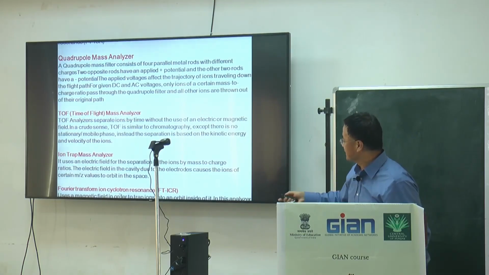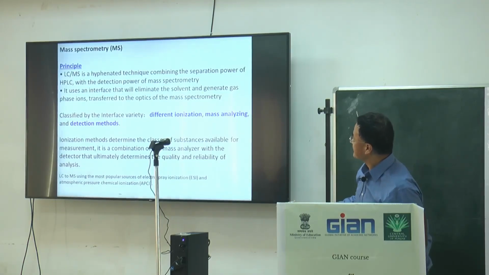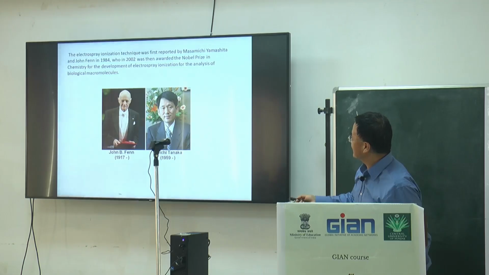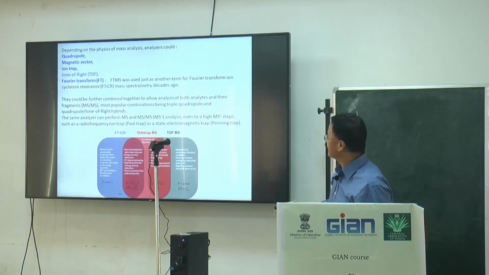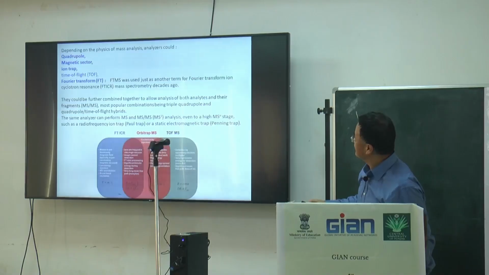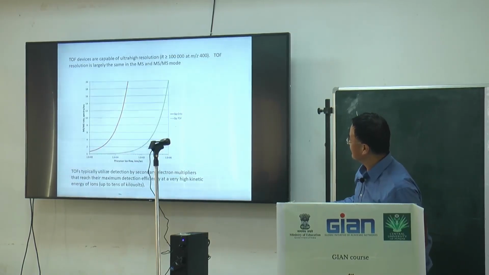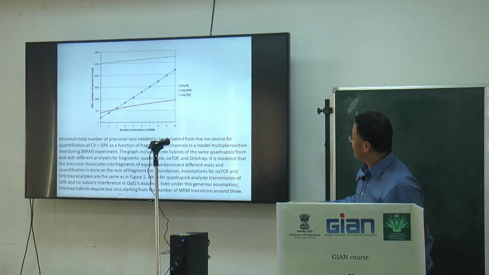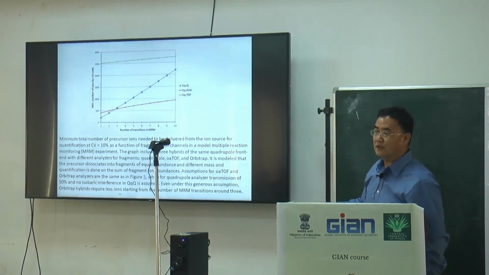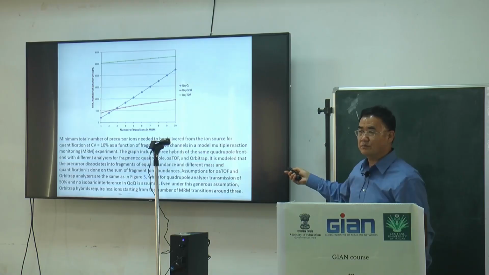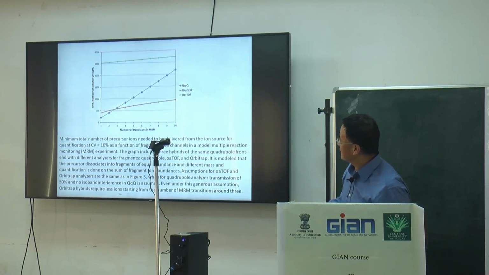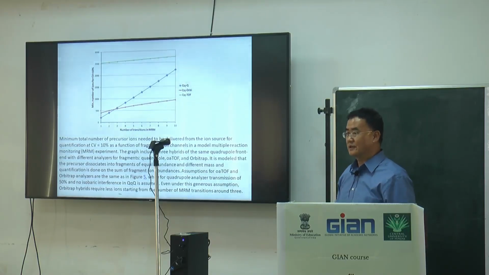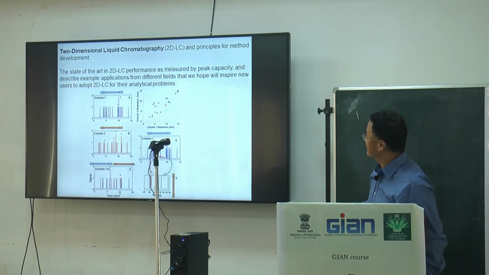Those are the principles we already described, and ionization is very important, now applied in many different ways. Here is a comparison of the Orbitrap and Q-TOF or Q-Orbitrap. We can see the efficiency and the detection range of molecules is very different.